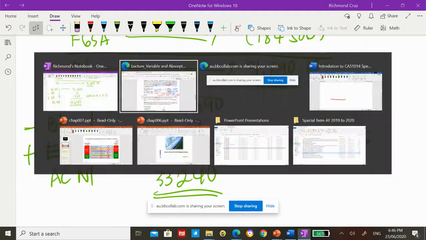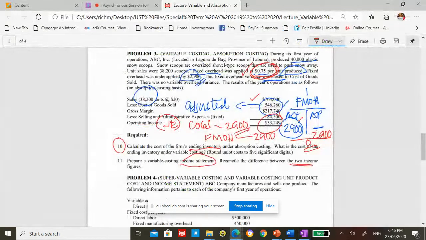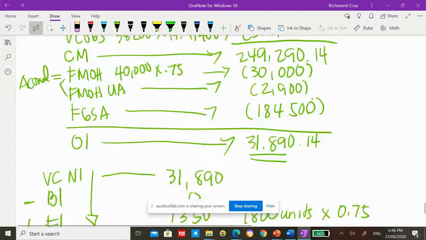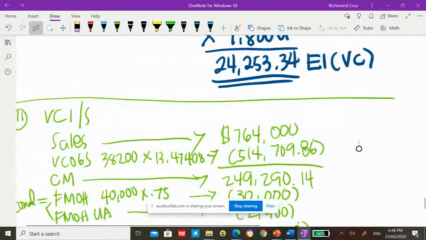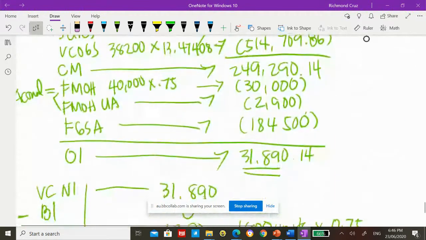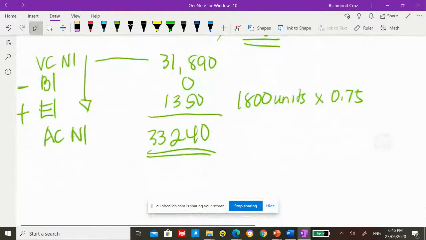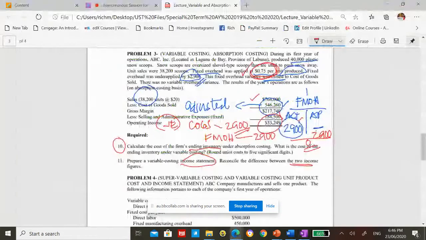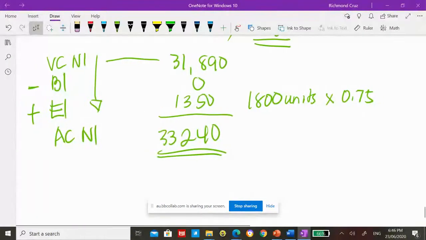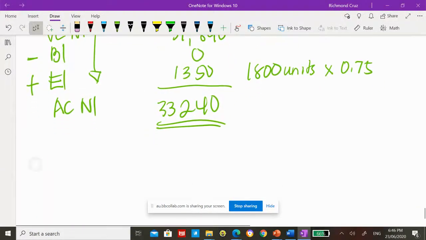So, dito kasi 33,249. So, meron tayong rounding off differences. Kasi nga, nag-round off tayo. Actually, hindi ko sinunod tong ito, 13.47, 408. Nag-round off kasi ako. So, but more or less, that will be equal dito sa 33,240 natin. Rounding off lang yan.